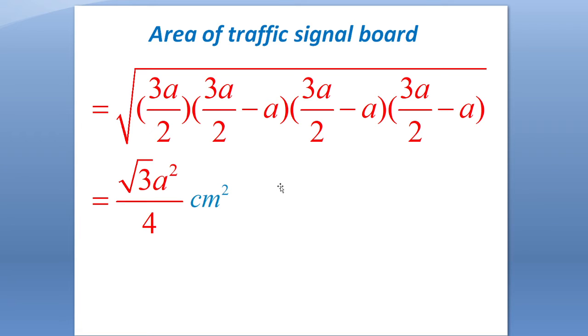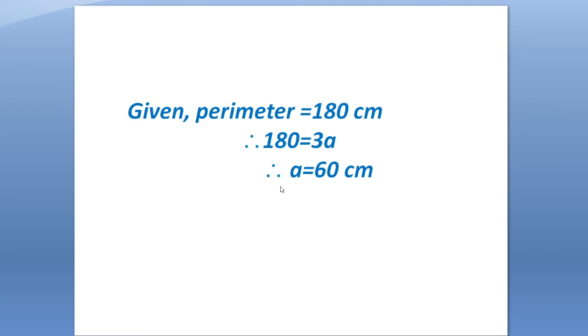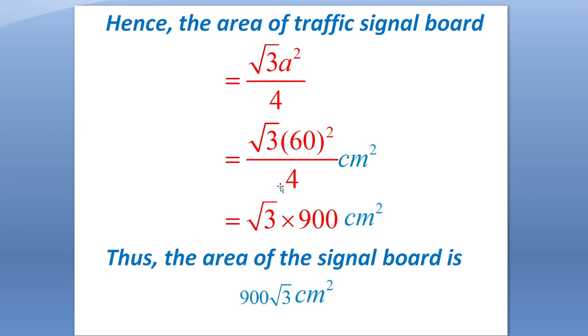So put 60 instead of A. So root 3 into bracket 60 square by 4 centimeter square is equal to, simplifying, root 3 into 900 centimeter square. Thus, the area of the signal board is 900 into root 3 centimeter square.